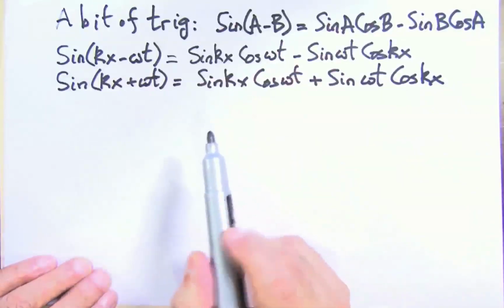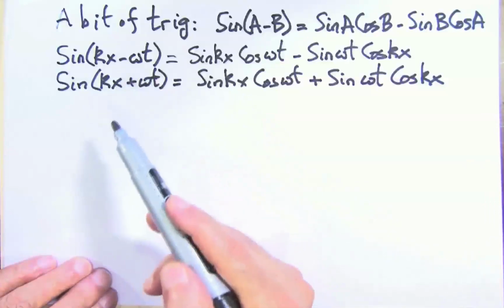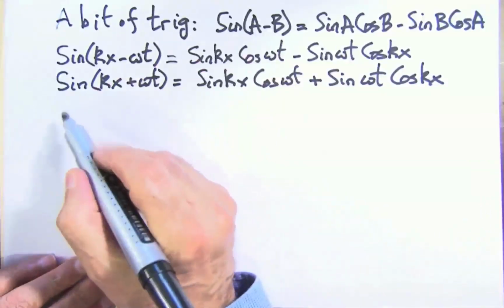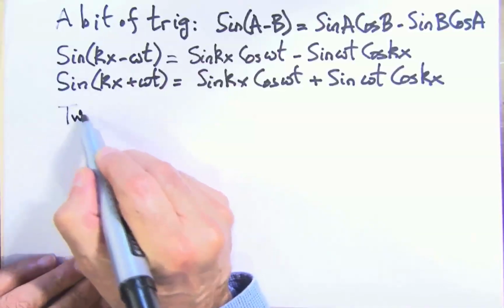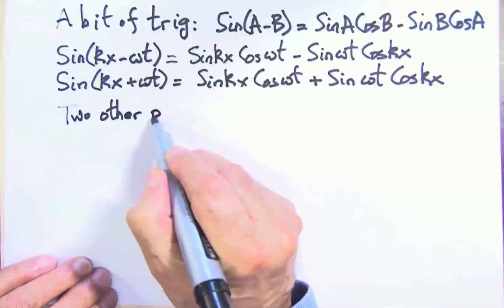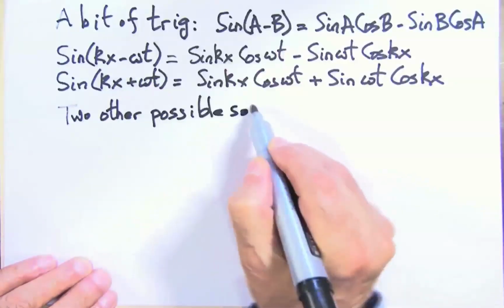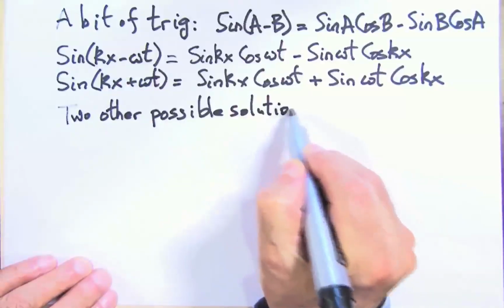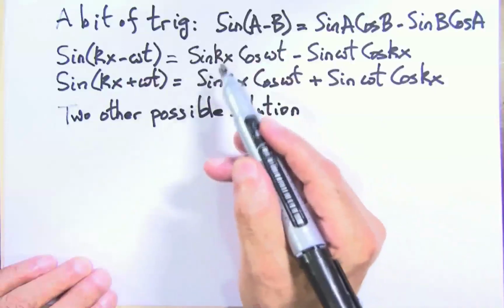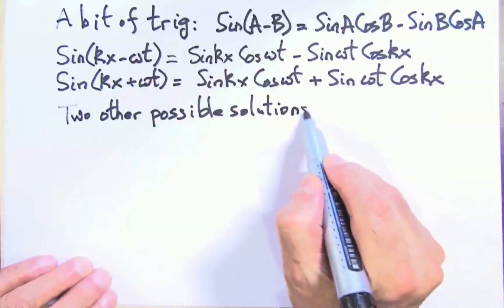All right, so now I'm saying that this is a solution and this is a solution, and so their sum is a solution, which means that I have two other possible solutions. One I get by adding them, one I get by subtracting them. If I add them, I will get the first one. If I subtract them, I'll get the second one.